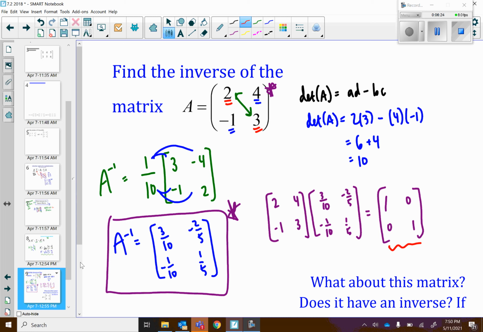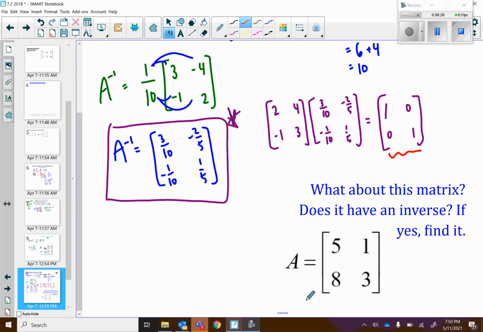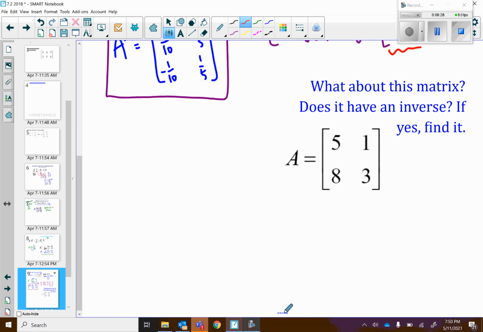One more problem for you. What about this matrix? Does it have an inverse? If yes, we're asked to find it. We start again by finding the determinant of A. So I'm taking 5 times 3 minus 1 times 8. 5 times 3 is 15, minus 8 is 7. This is not 0, which means yes, it has an inverse.